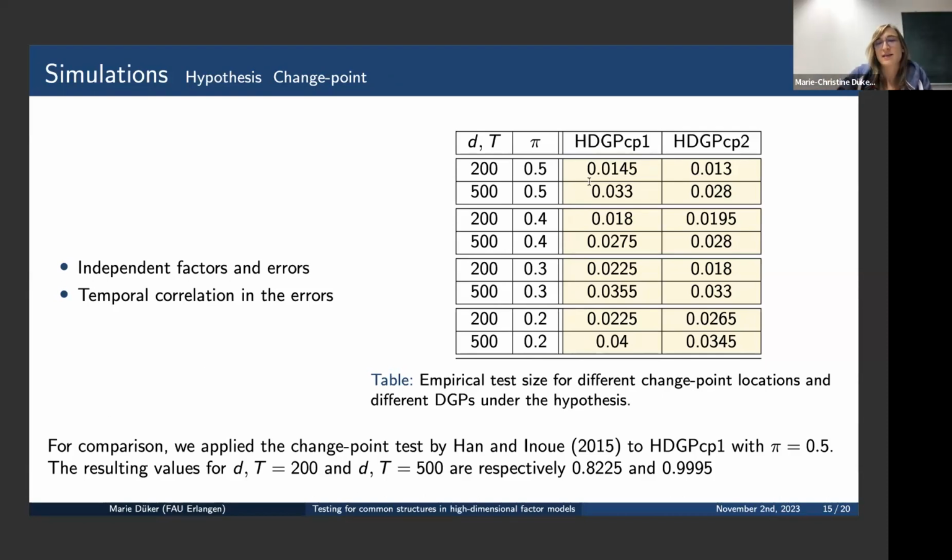So for us, it's under the hypothesis, but for a regular change point test like the one by Han and Inouye, it's under the alternative. So we actually get that the rejection rate of the Han and Inouye test is close to 1, because we have a rotational change. So for them, it's under the alternative, but for us, it's under the hypothesis.